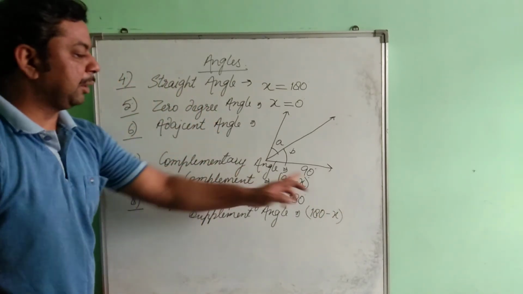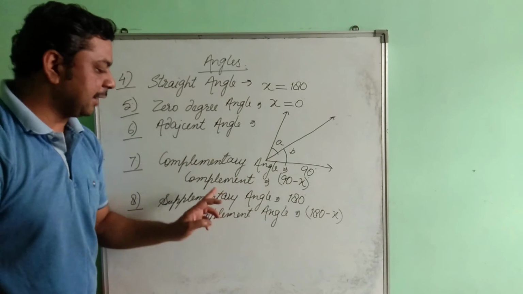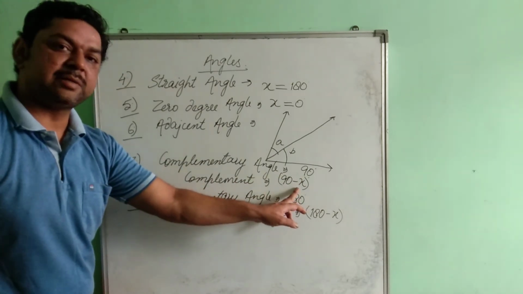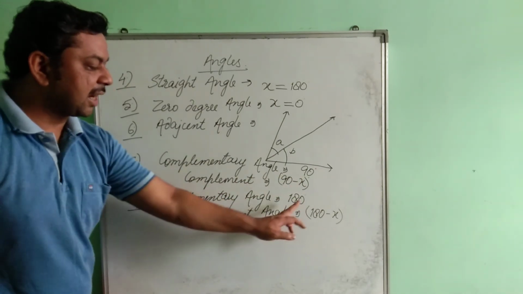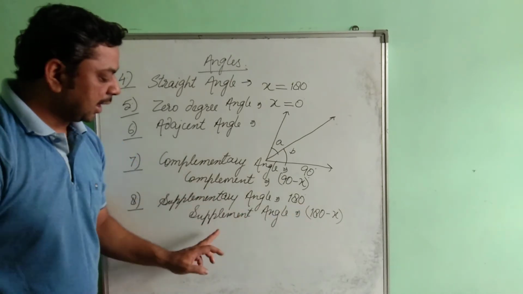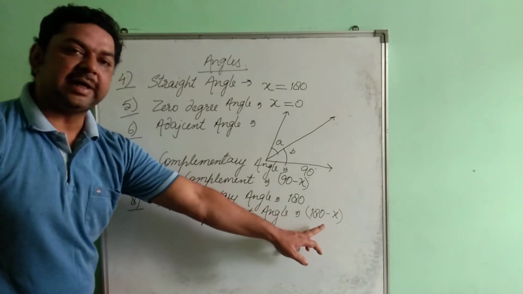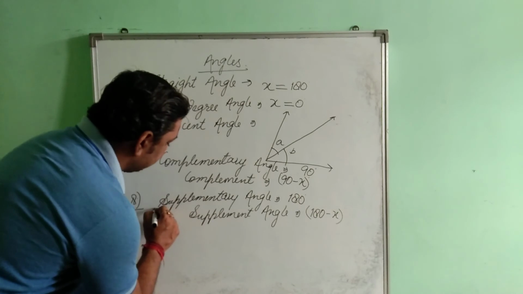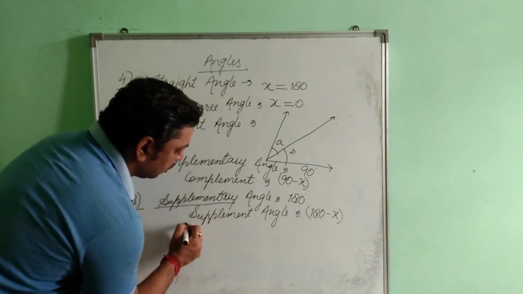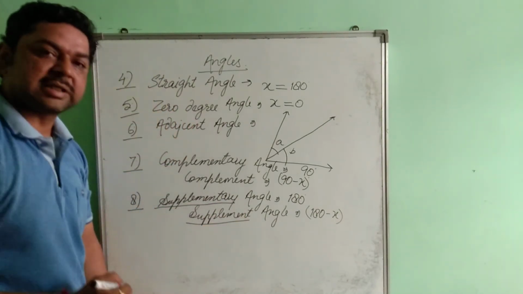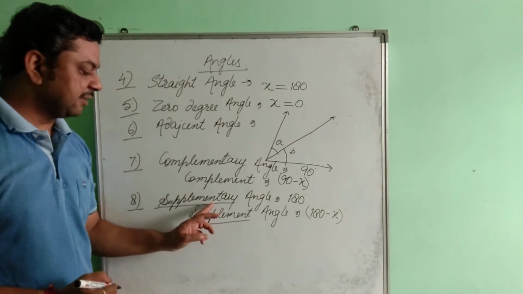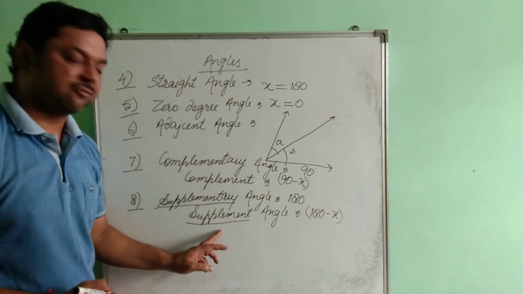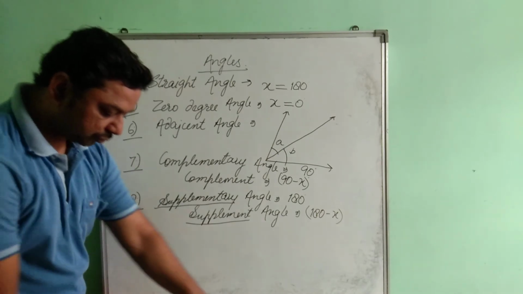Clear? Complementary will always be 90 and complement will always be 90 minus x. Supplementary will always be 180 and supplement will be 180 minus x. You need to be very careful while reading your question that you see what it is asking, either supplementary or supplement. Clear?